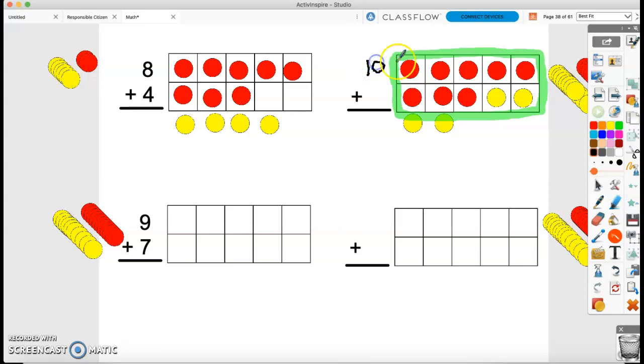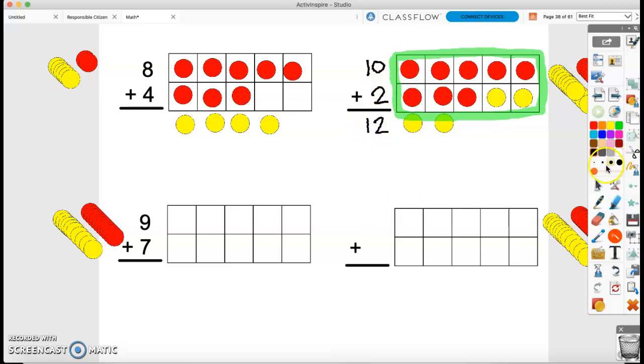But I moved 2. They were down here, and I moved them into the 10 frame to make a 10, so now I only have 2 extra. So I have 10 plus 2. Well, I know that 10 plus 2 is 12.